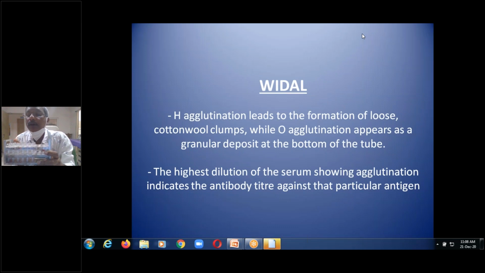So we are detecting the O antibodies of Salmonella typhi. Once we are detecting the O antibody, we are also detecting the O antibodies of paratyphi A and paratyphi B. Need not put them once again.